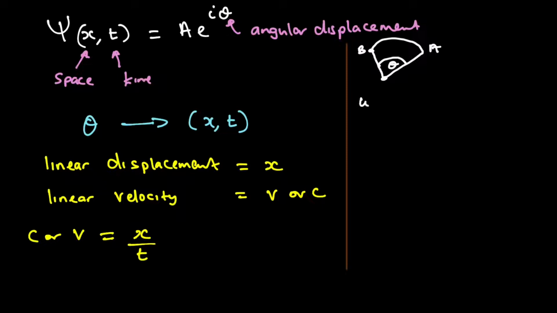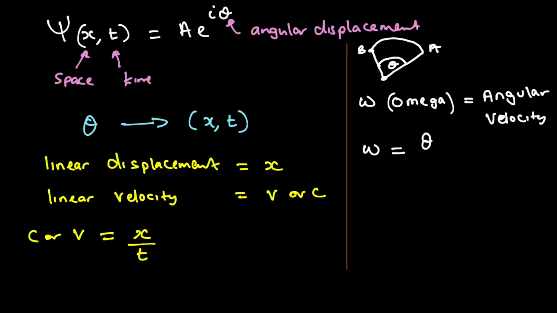The angular velocity, which is what we call omega, will be equal to angular displacement over time.